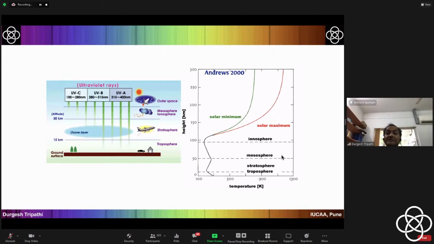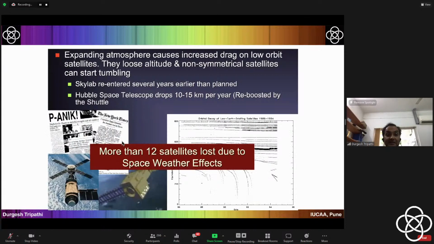So you're talking about a difference of 300 to 400 Kelvin. The Earth atmosphere is a gas, essentially, so it absorbs, the temperature increases, and therefore it expands and sort of shrinks with the solar radiation. Because of that, it creates a space weather effect, which destabilizes all the space telescopes within the Earth's atmosphere, and you have to provide a booster every year to keep the orbit intact.